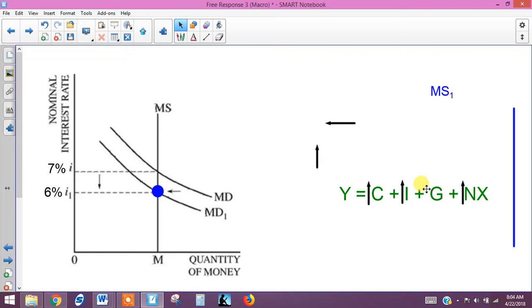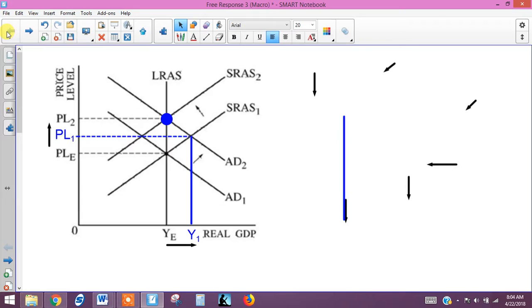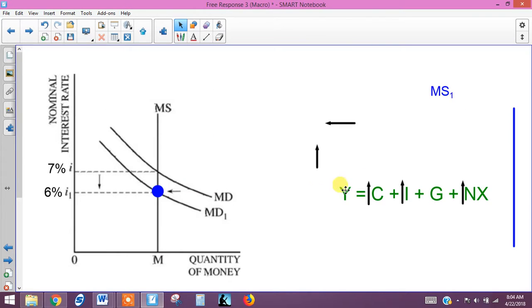And what actually causes the price level to go up is, if we jump back to our question 1 graph, those things are going to cause the aggregate demand to shift to the right. So when you have this lower nominal interest rate, which causes more capital investment, more consumption, more exports relative to imports, then you're going to have a shift to the right.